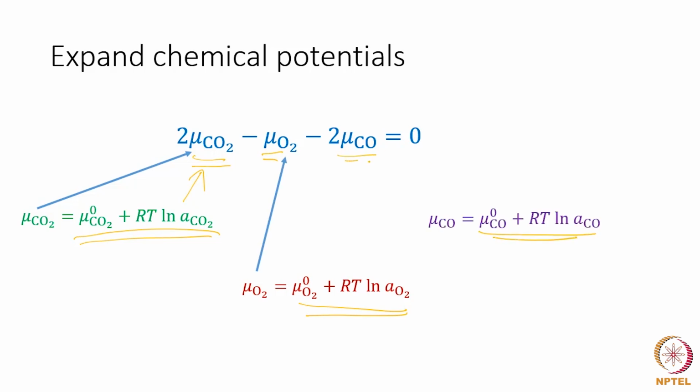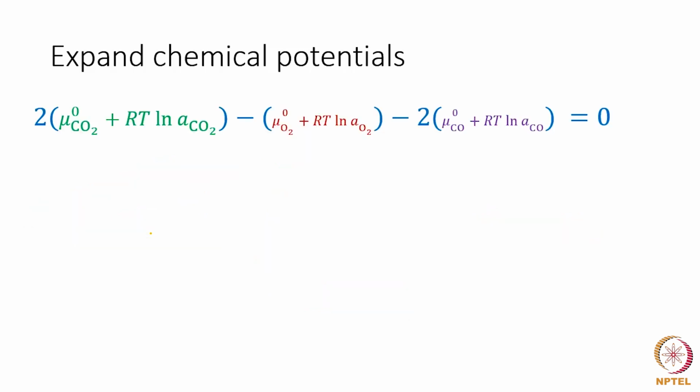When we do that, there are basically 6 terms on the left hand side, and we can collect them as 2 pairs of 3 terms each, which are written here. So we have substituted those quantities.